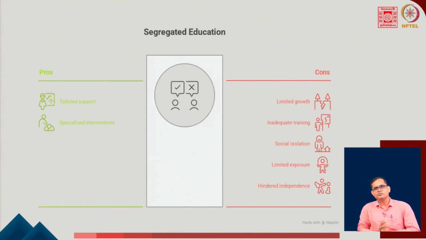There is a limited exposure in a special education system and it also hinders independence, because we know that after getting education, ultimately children with disabilities has to move to the society and they have to live in mainstream society where there is no compartment for a specific type of disability.